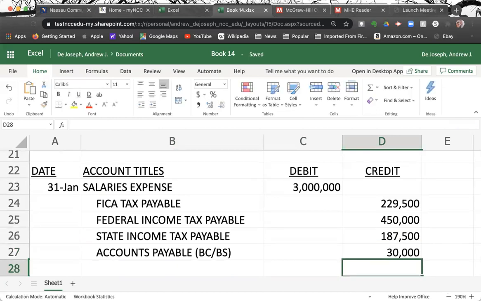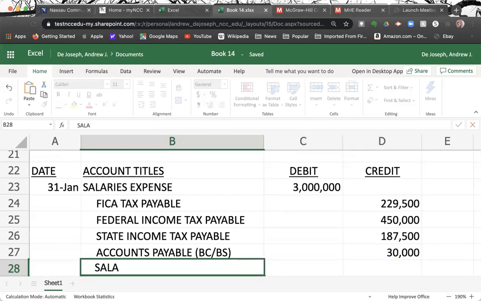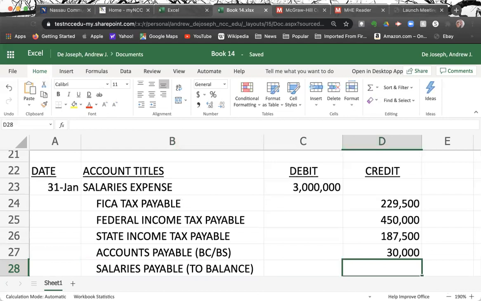And these are all the amounts that come out of the employee's paycheck, right? I credited accounts payable for that, BCBS, Blue Cross Blue Shield. And then salaries payable, the balance. So in other words, how much do we need to credit salaries payable for to make the journal entry balance? I have $3 million in debits, right? And subtract all the credits.